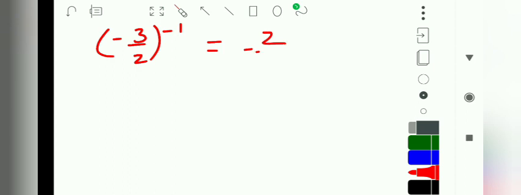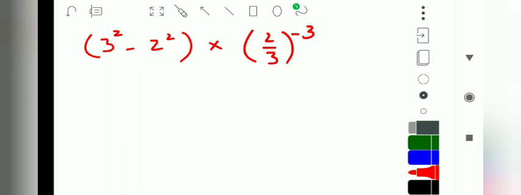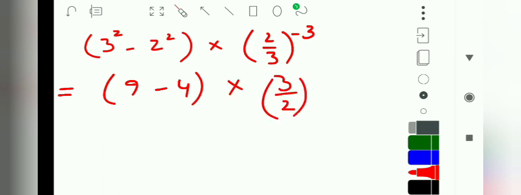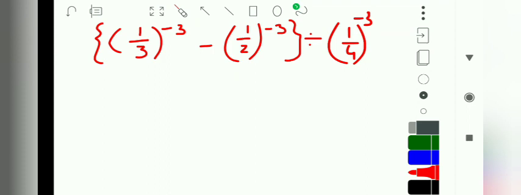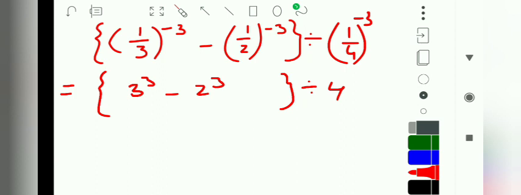Try to understand some more maths. See the second line, divided by 4 cube.